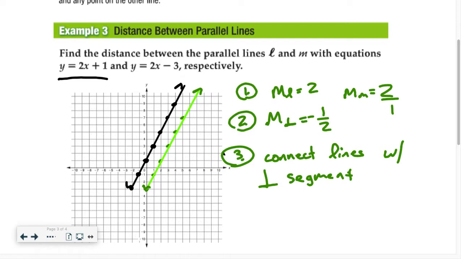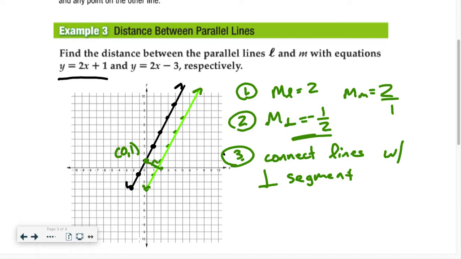A point I like, this point might be a good one here. Starting there at 0, 1, if we use the perpendicular slope, -1/2, we go down 1 and over 2. Okay, and so now we know that segment there is perpendicular.